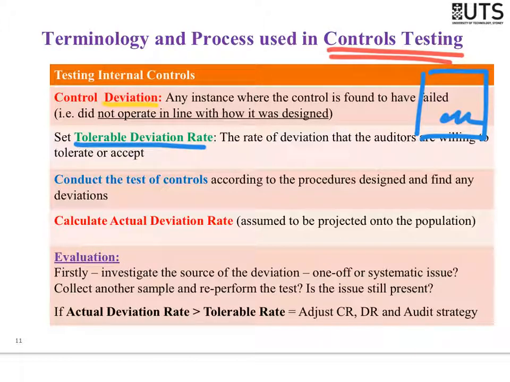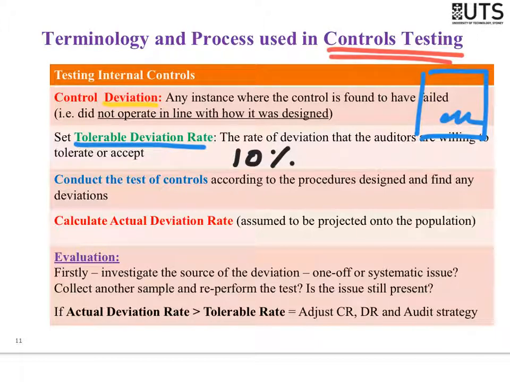Now let's go through this process and we'll do some examples. So at this point, we're looking at a document, we're looking for the manager's signature. Step 2, we need to decide, well, what's my tolerable deviation rate? 10%. I'm willing to tolerate, for example, that in 10% of instances that I check, the signature's not there. I'm willing to tolerate or accept that before it becomes an issue.